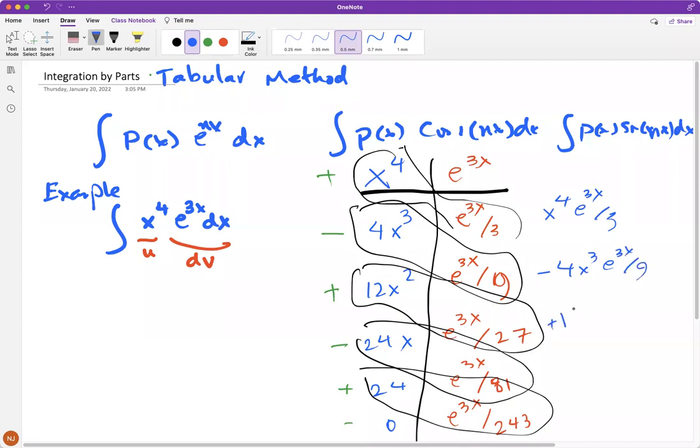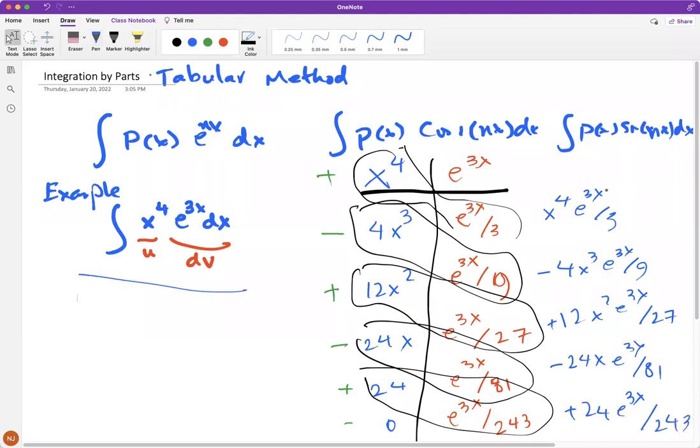Here is positive 12x squared, e to the power 3x divided by 27, and negative 24x e to the power 3x divided by 81, and plus 24 e to the power 3x divided by 243. The solution to this integral is all of these terms added together. It makes your life a lot easier because you don't have to do that many integrations by parts.